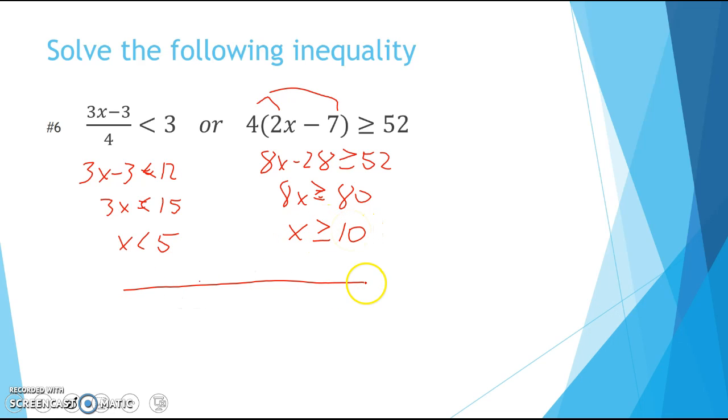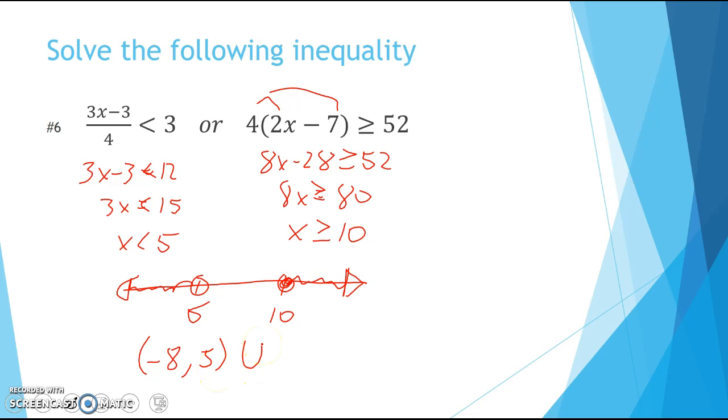So on a graph, it's going to look like this. Here's my 5 and here's my 10. I'm going to have an open circle at 5 and I'm going to go to the left. I'm going to have a closed circle at 10 and I'm going to go to the right. And in interval notation, let me do this part here first. I'm going to start from negative infinity and go to 5, but I'm not going to include 5.